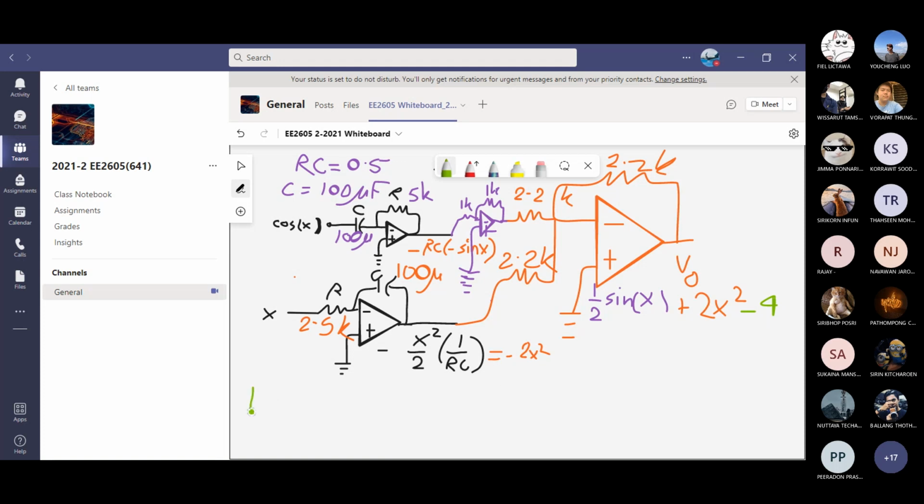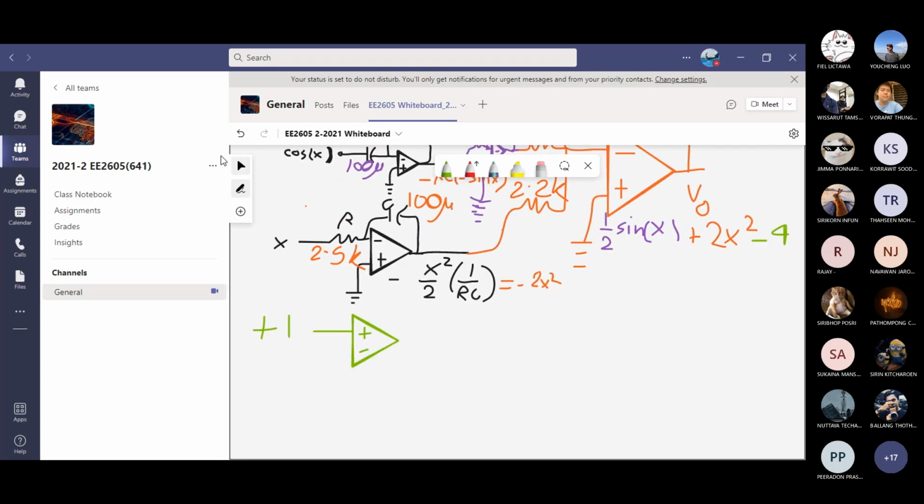If you want to have a positive output from an op amp, you cannot use an inverting one. Or you can use an inverting one, you have a negative, and then flip it again, make positive, and flip it again, negative. Maybe that's not the best way. You can put 1 volt here with the plus pin, and then I'm drawing now a non-inverting op amp. It's like this.